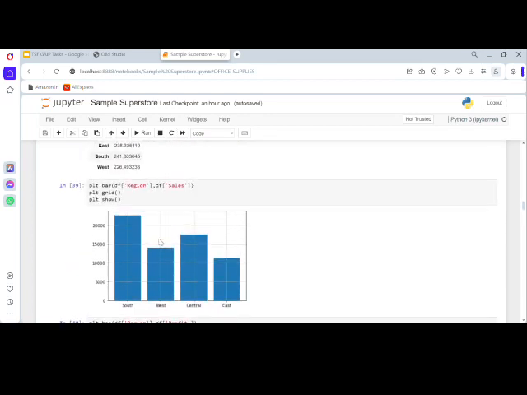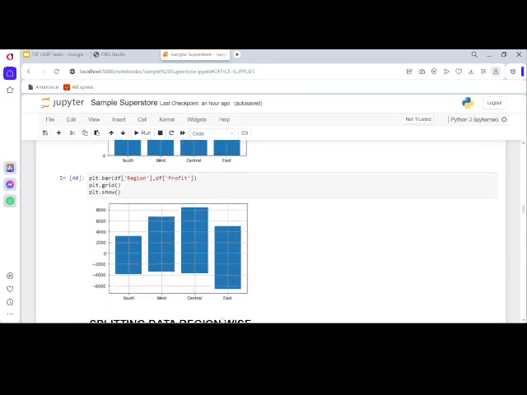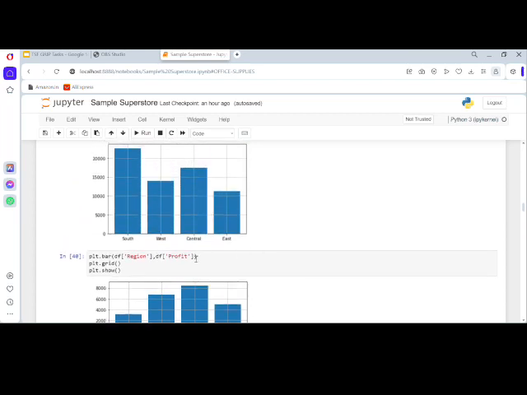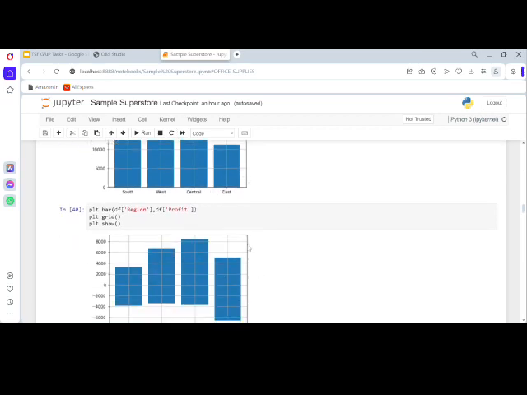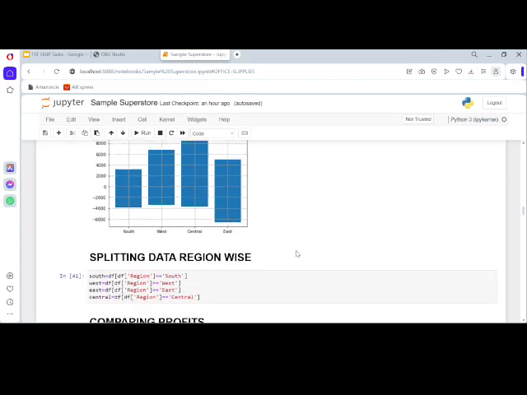The sales are highest in South, but the profit is highest in Central. It means that if somehow we can work and increase the sales of the Central region, then the profit will rise significantly and it can also become a major selling hub in this particular superstore.